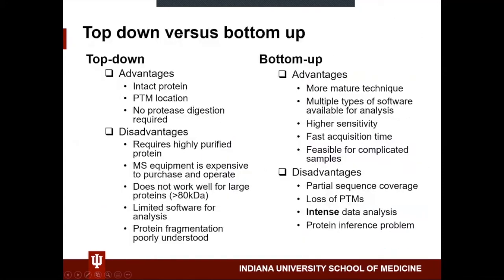And I'll maybe mention here that one of the things you might notice for both of them is that the sequence coverage and the need for purified proteins actually is a biochemistry challenge as much as it is a mass spectrometry challenge. So for any given protein, just like if you're going to do X-ray crystallography or cryo-EM or some type of structure analysis, having extremely pure protein is really important to do any of these types of analysis if you want very high sequence coverage.